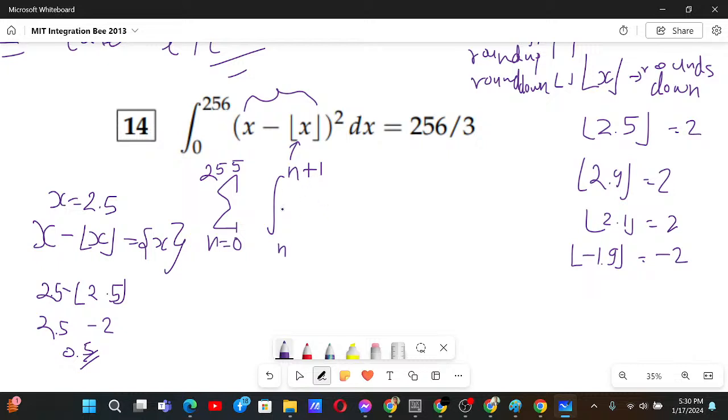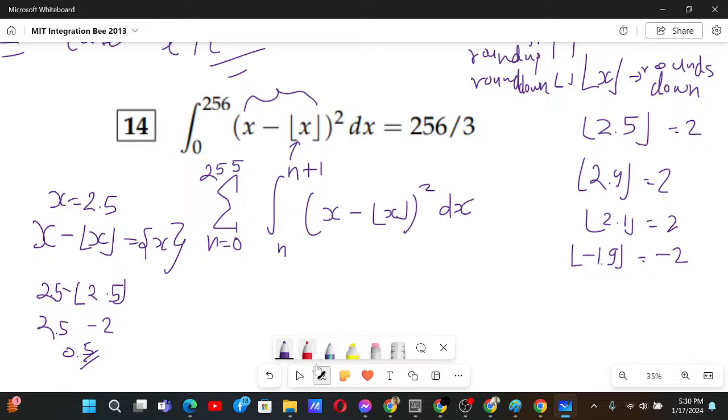So this makes 0 to 1 plus 1 to 2 plus 2 to 3 plus up to 255 to 256. So the overall integral will be from 0 to 256 of x minus g of x whole square dx.